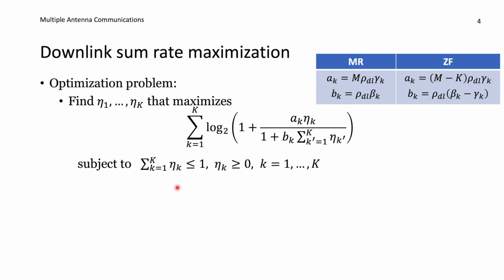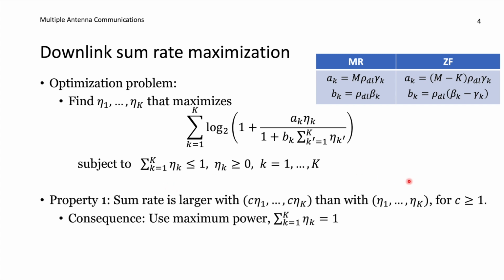And first we will notice the following: if we have some selection of power control coefficients, eta 1 to eta K, and we are considering another set of power control coefficients where we are multiplying every coefficient with some constant c, which is greater than 1, well then if we put it into the sum rate expression here, we are making the signal terms and interference terms larger by the same factor c, and they are then growing more than the noise term, which is a constant, which will lead to every user getting a larger SINR.